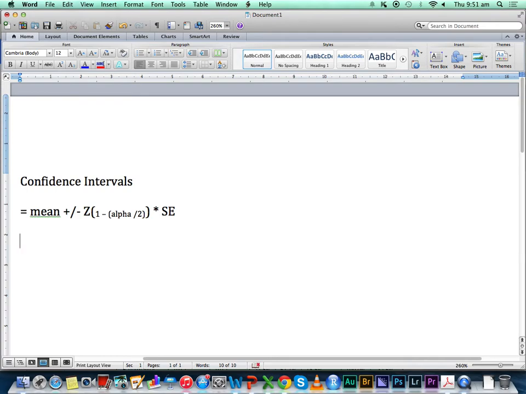And let's say you want to calculate the 95% confidence interval, so that alpha is 0.05 and C for this one is 1.96.